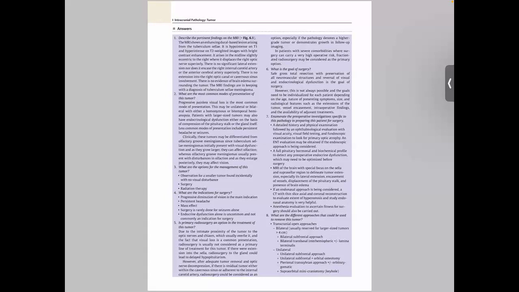Okay, sorry, I have an addition here. I don't know. Maybe this addition should be reserved for when we go to olfactory groove meningioma. I know we cannot talk about olfactory groove and tuberculum Sellae meningioma without talking about Foster-Kennedy syndrome and pseudo-Foster-Kennedy syndrome. But I think those syndromes are usually elaborated in olfactory groove meningiomas.